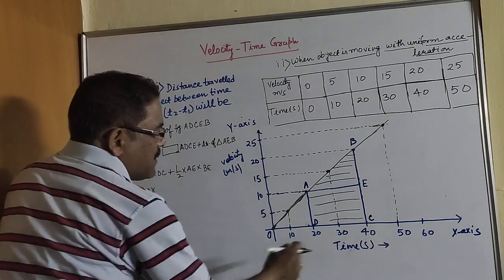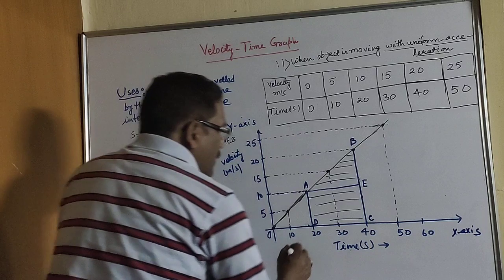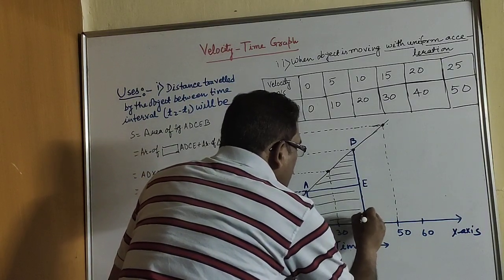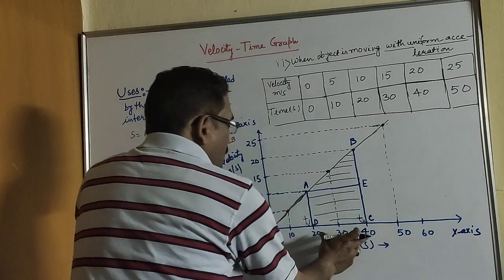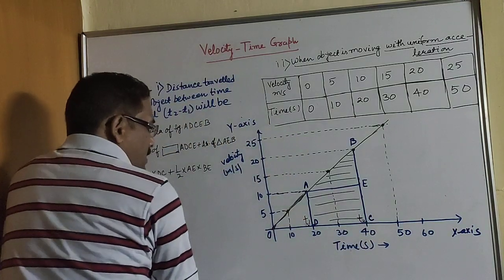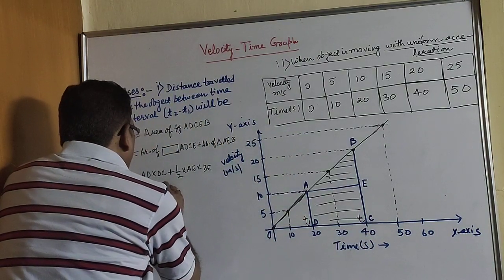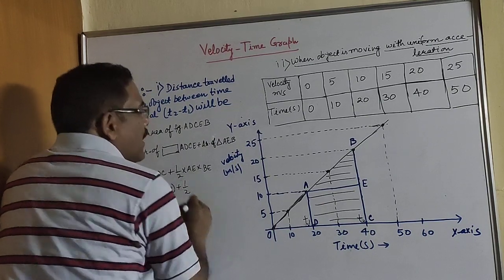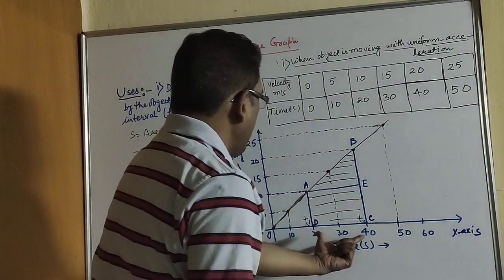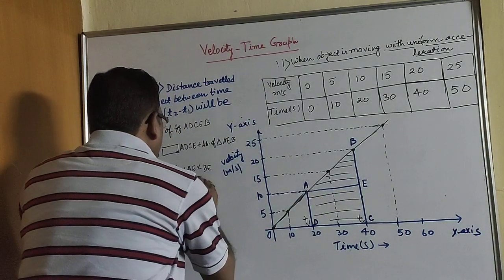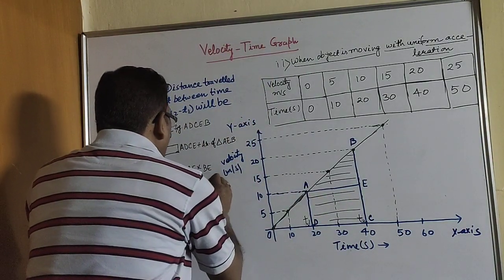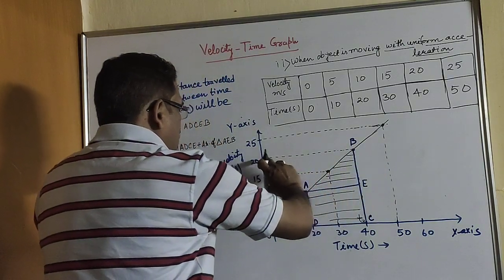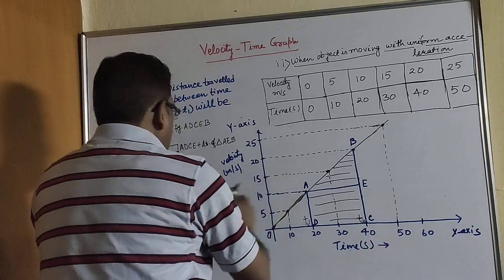How much DC is? DC is the time interval. You can mark it as T1 and T2. So DC is 40 minus 20, plus half. AE is again 40 minus 20. And how much BE is? BE is this distance. So it will be 20 minus 10.